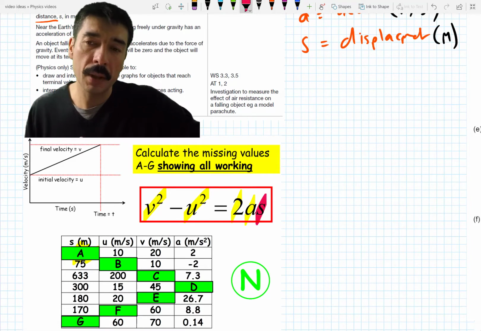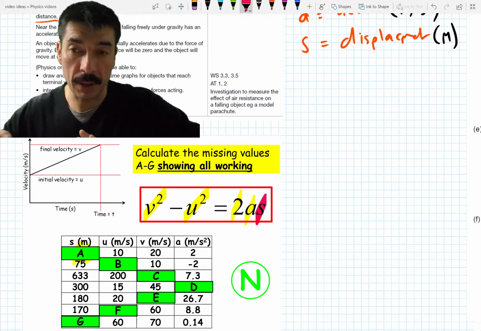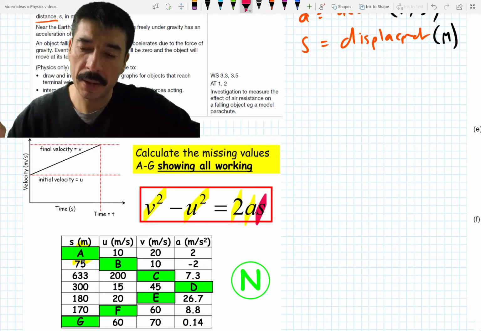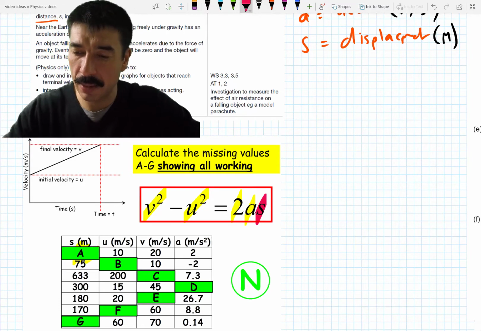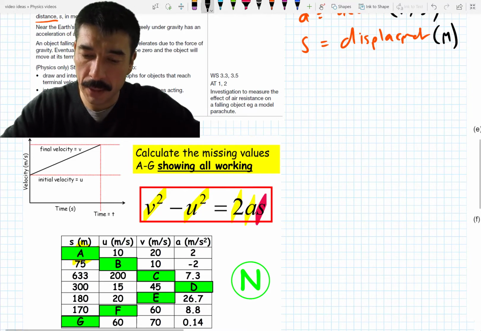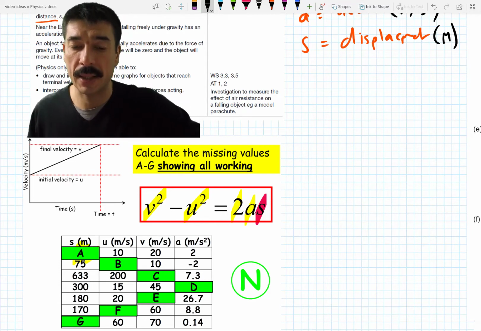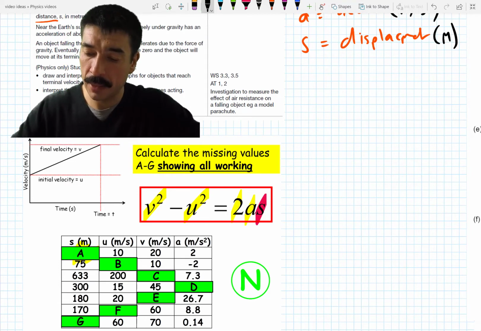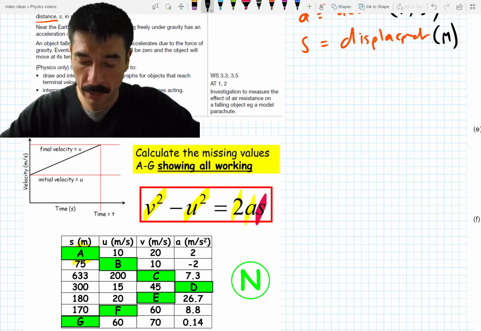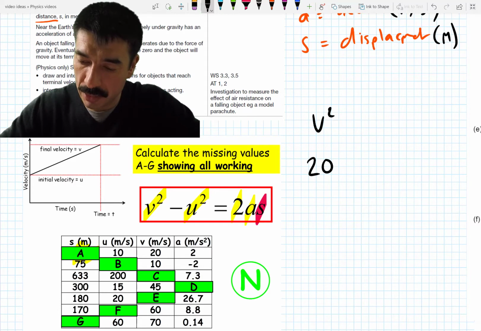So I might have suggested that you rearrange the equation at this point, but I think we're going to try a different tack today to make things a bit easier. Along with that different tack, I'm just going to sub all the numbers I know straight into the equation as is, and then calculate from there. So v in this case is 20, so I'm literally going to sub straight into this equation.